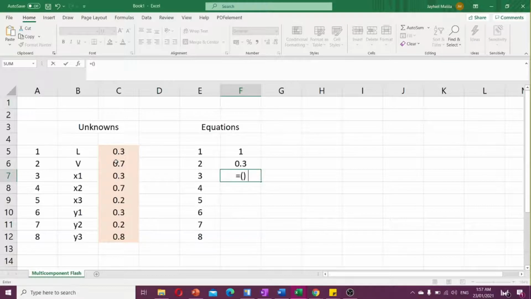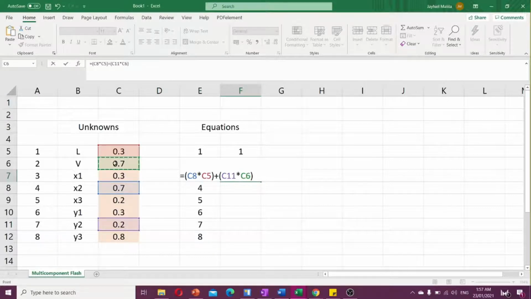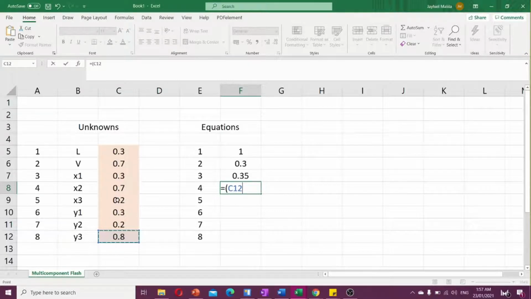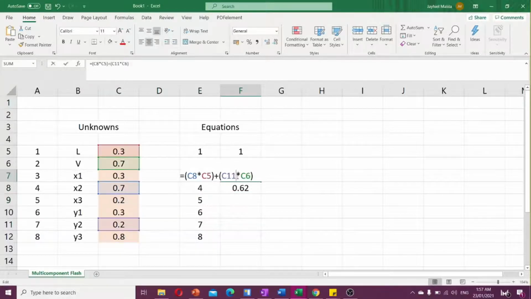My number 3 equation is x2 times L plus y2 times V. Next, number 4 is, not y3, x3 times L plus y3 times V.